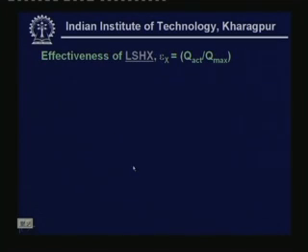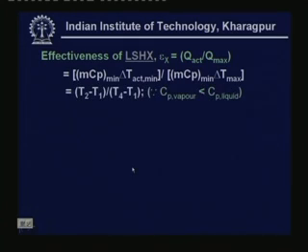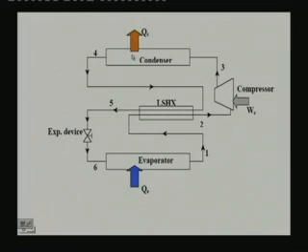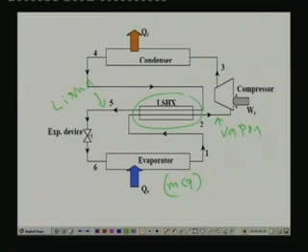Now, from the definition of effectiveness of heat exchanger, we can write effectiveness as Q actual divided by Q maximum, and Q actual in this case is m Cp minimum into delta T actual, divided by m Cp minimum into delta T maximum. For this liquid suction heat exchanger, what is the fluid that has lower m Cp? On one side you have vapor, on the other side you have liquid, and the mass flow rates are the same.